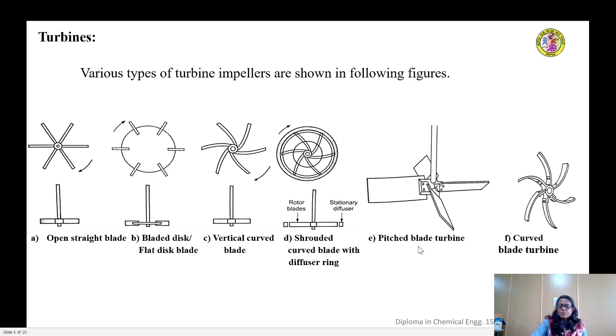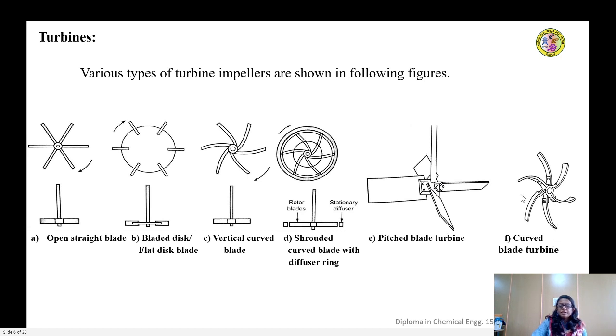The last one, that is the fifth one, is the pitched bladed turbine, consisting of rectangular shaped blades projecting radially from the central hub. Here the blades are mounted in such a way that they make a certain angle with the axis of the shaft.